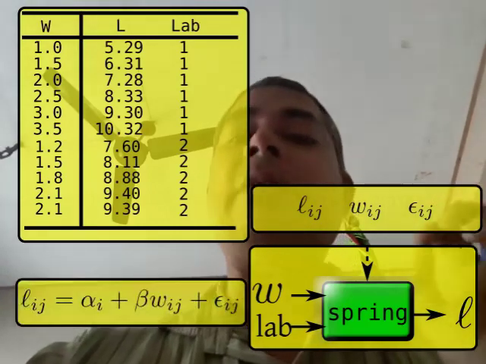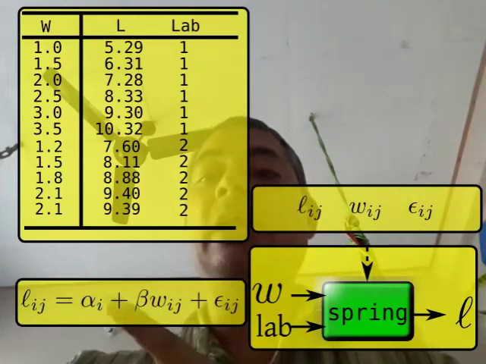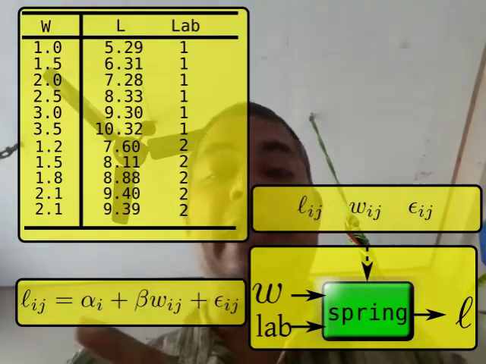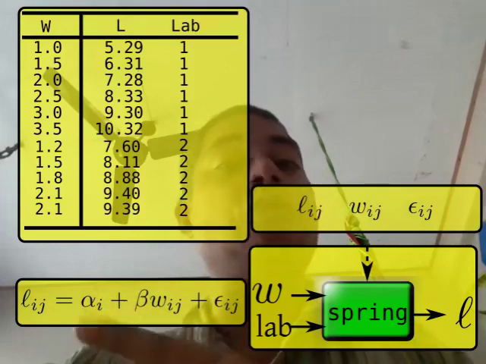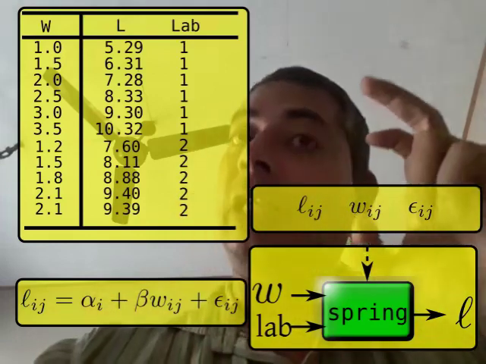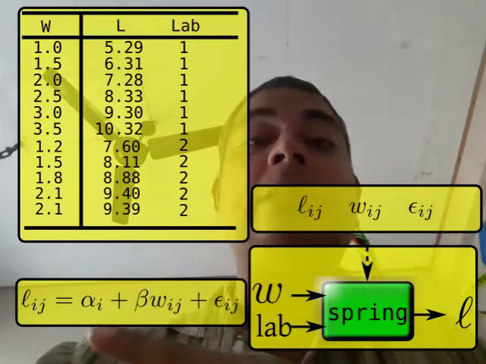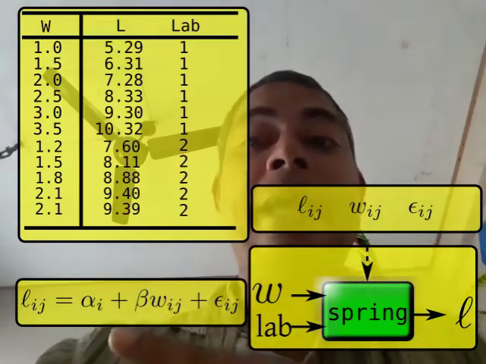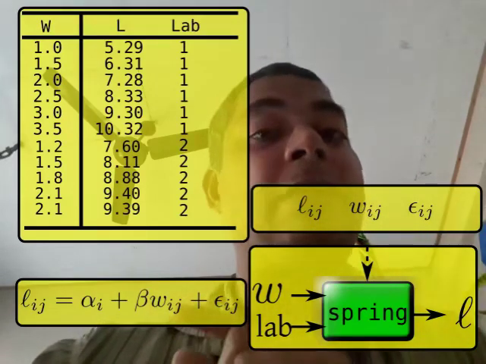So in this case, a natural model will be this. L_ij will be expressed again as a linear regression, but the intercept term, which has to do with the initial length, is allowed to depend on i, that is the lab index. Then beta, which gives you the elastic property, is independent of i.